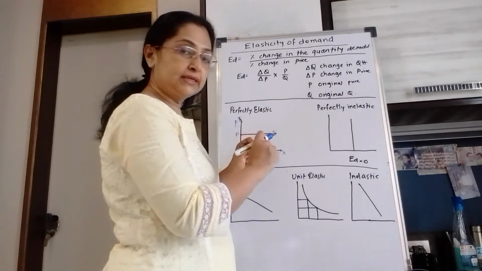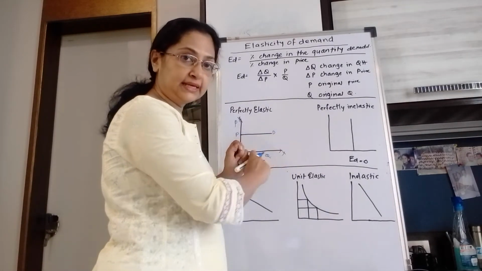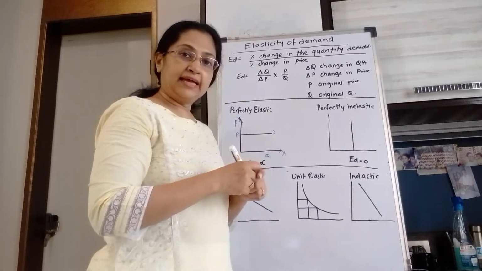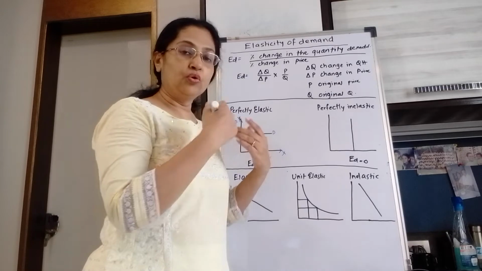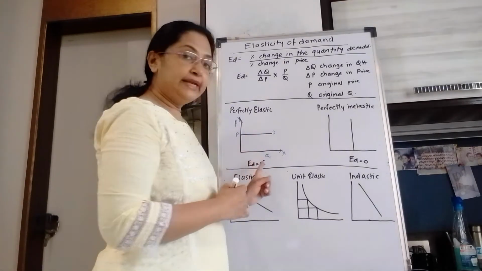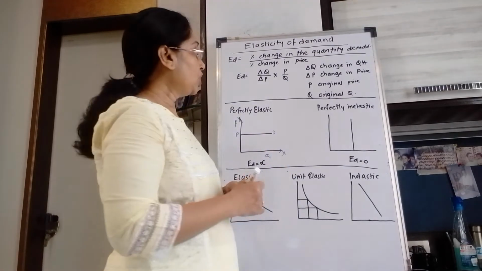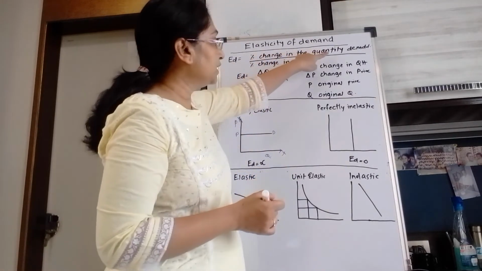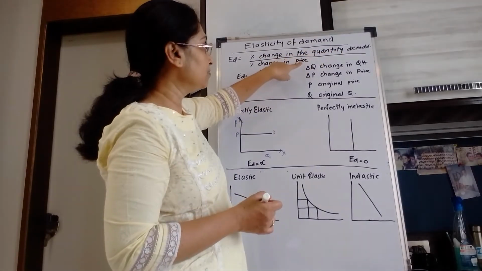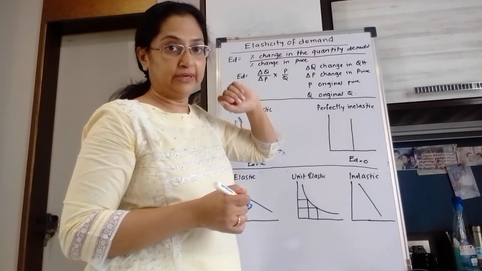At the same price, it can go along the x-axis back and forth, increase and decrease to a larger or smaller extent, up to infinite. The value of ED in case of perfectly elastic demand is infinite, because the percentage change in the quantity demanded comes to a huge value, whereas percentage change in price is 0, and anything upon 0 will give you infinity.